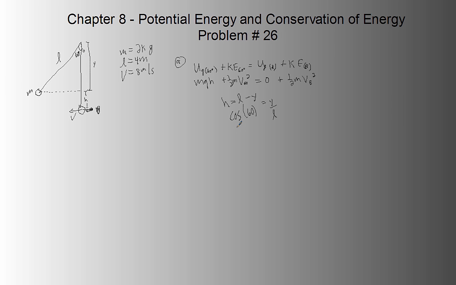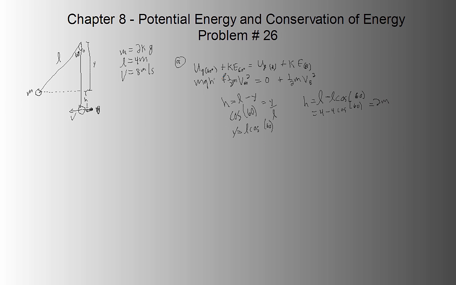And so y equals L cosine 60. So h equals L minus L cosine 60. And that's going to be 4 minus 4 cosine 60, which is going to equal 2 meters. So that's how big h is.